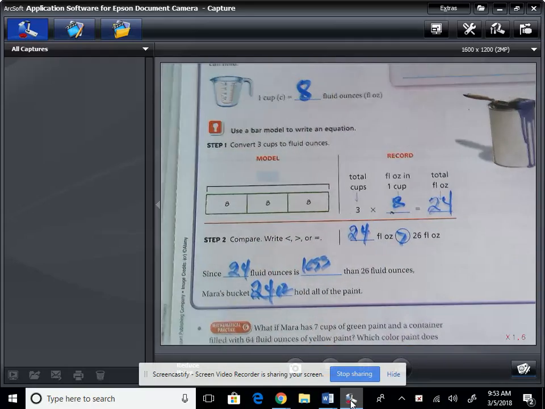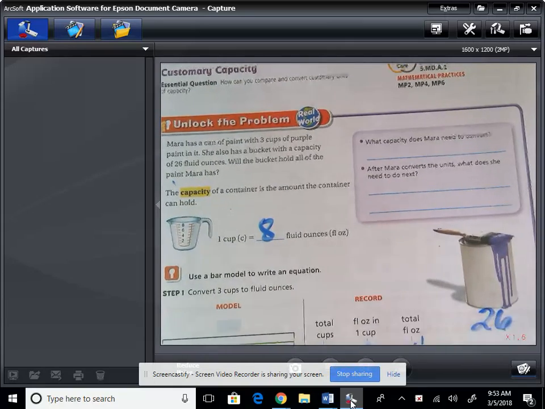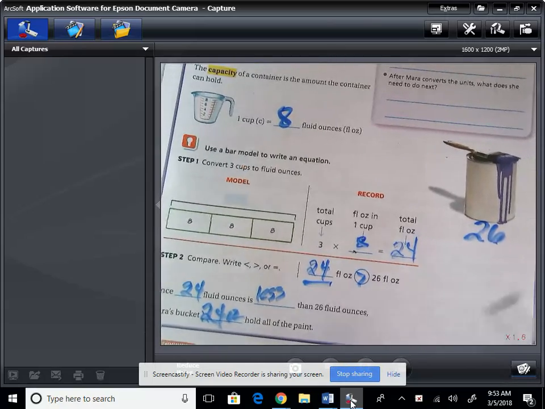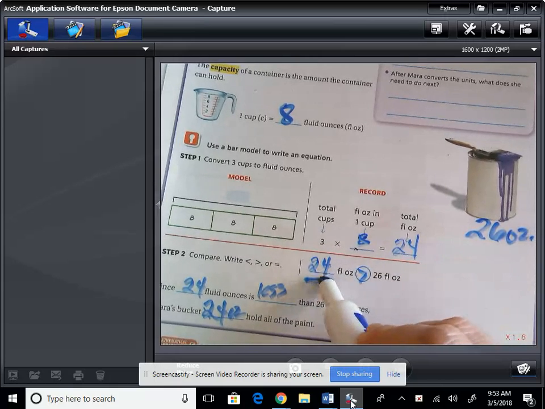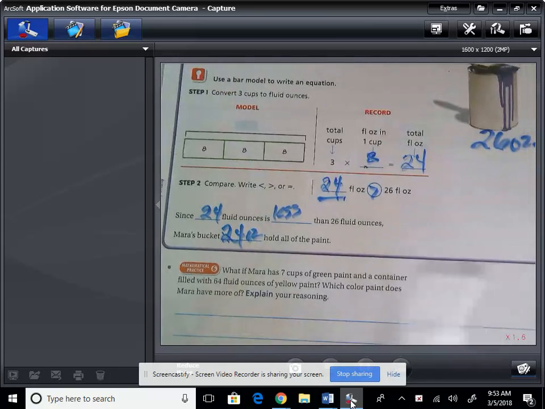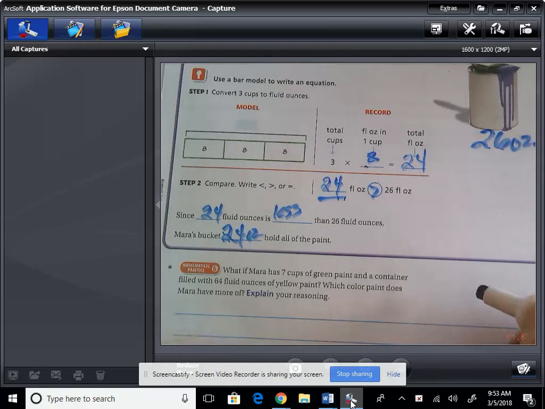If this was her bucket, it could hold 26, and we said we only need a capacity for 24. So can it all fit in there? Yes.